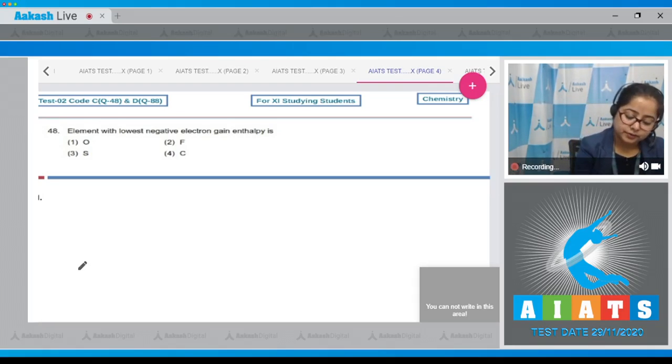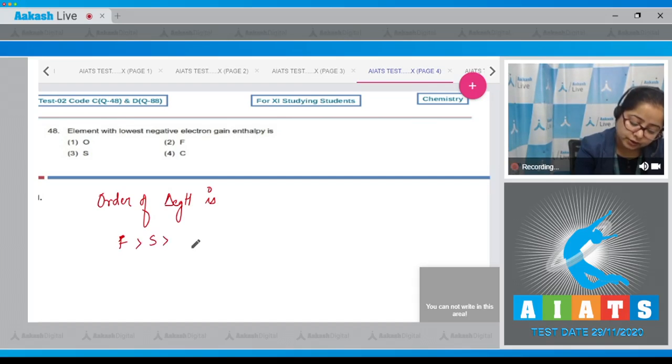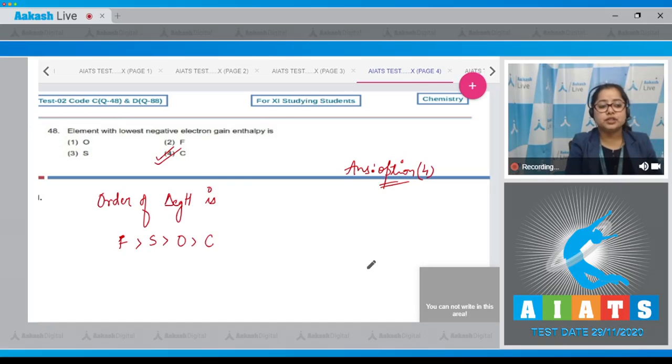Therefore, here the correct order of electron gain enthalpy is highest for fluorine, then for sulfur, then for oxygen, and then for carbon. That means the lowest negative electron gain enthalpy is of carbon. So the correct answer is option number 4. Moving to next question, students, which is question number 50.